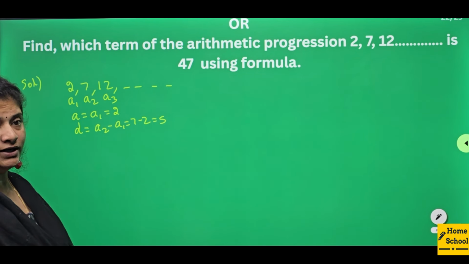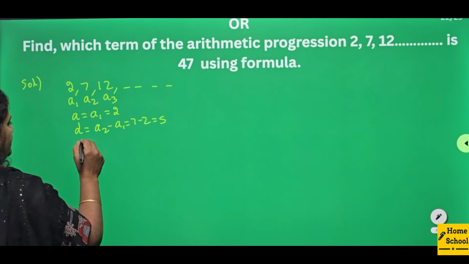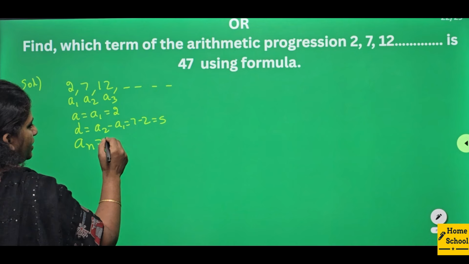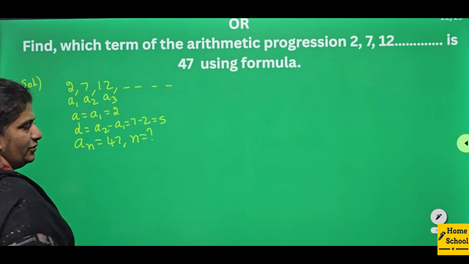And asked: 47 is which term in this progression? That means aₙ = 47. We need to find the n value.